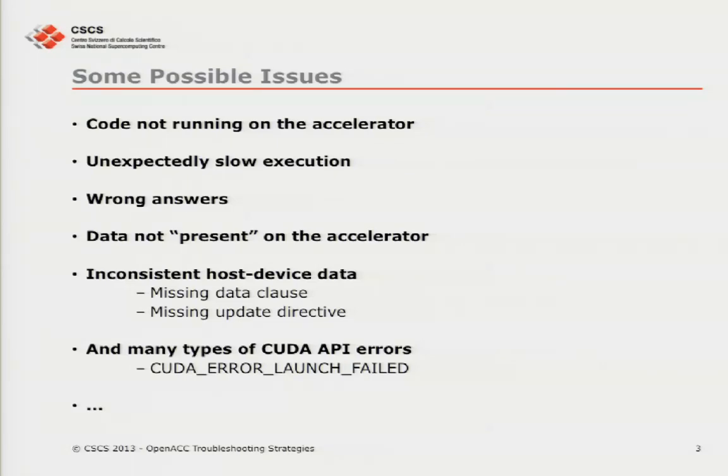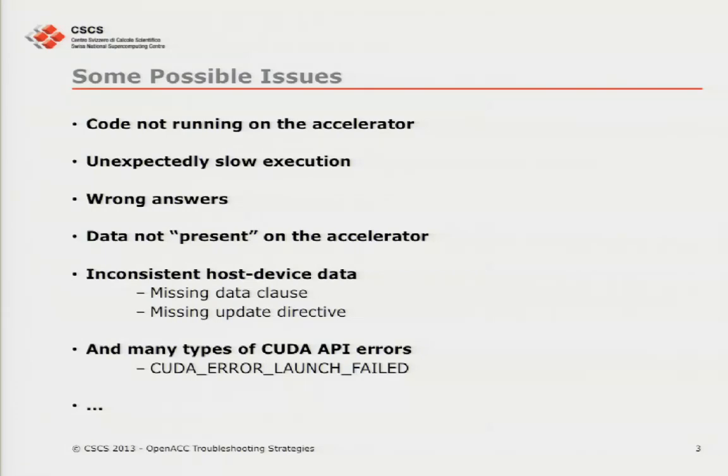In terms of a lot of different issues that can happen specific to OpenACC, we can have basically a code that doesn't run on the accelerator and maybe we don't even realize it. We can have 10 times slower execution than on the host. We can have wrong answers, inconsistent host device data where there's a mismatch between the updates.